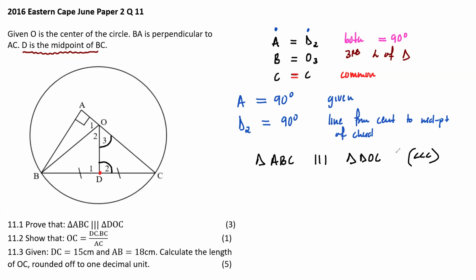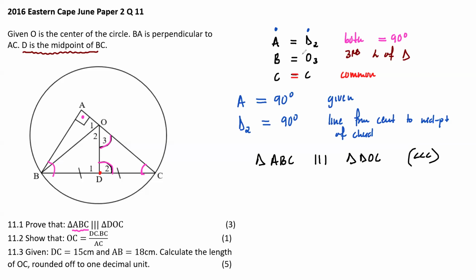So again, just to clarify, let's go back. Personally, I'm saying, why don't you list down the angles, ABC, then DOC also properly. Then from there on, you go to the triangle. Pick your A on its own, your B on its own, your C on its own, then D-O-C: D2, O3, and C. D2 is 90, much as A is 90.